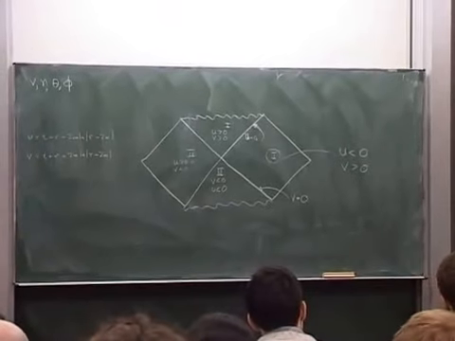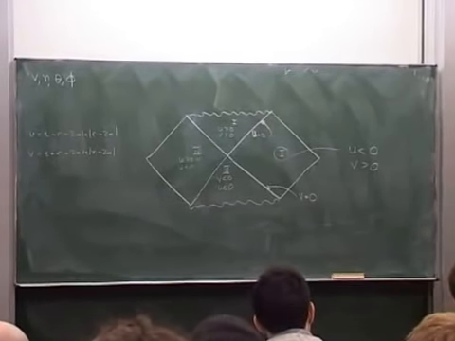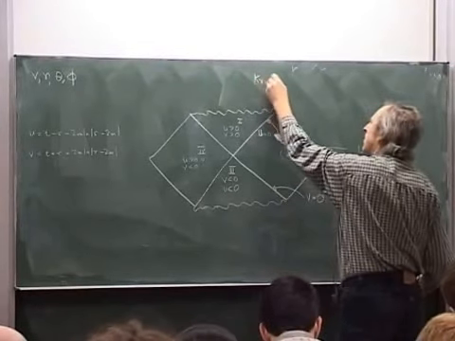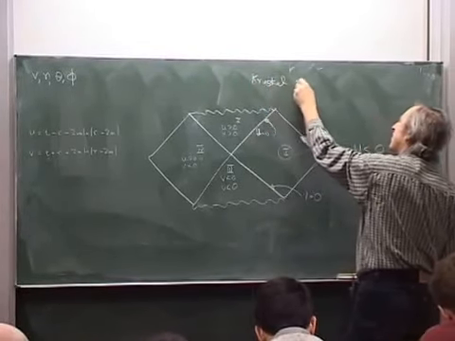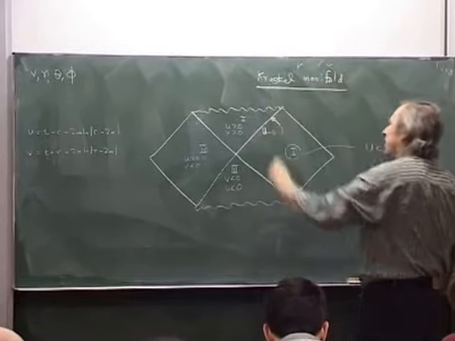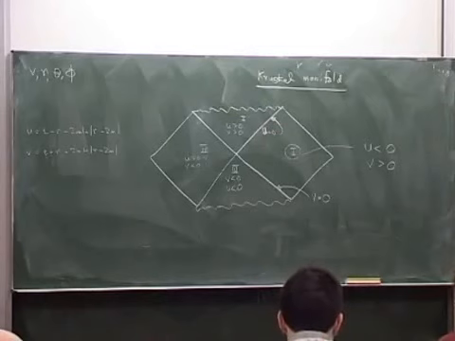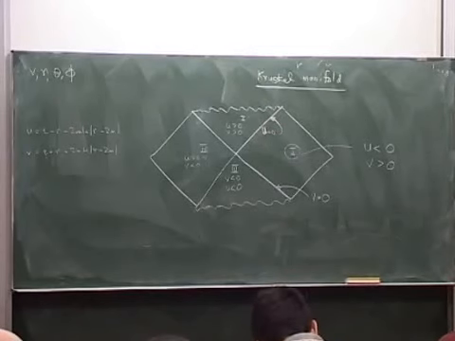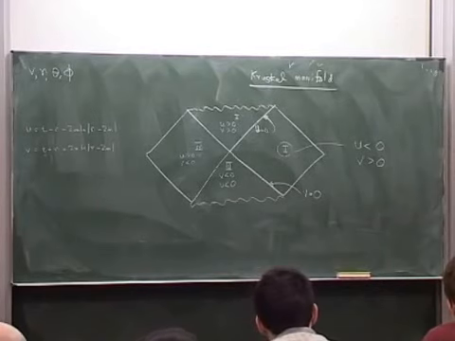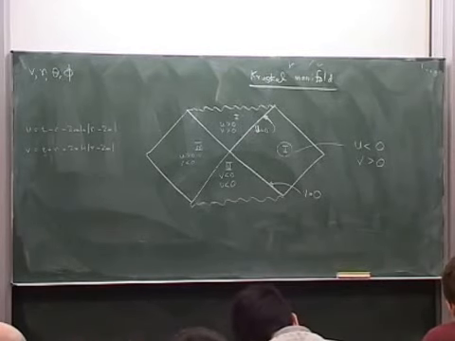This represents all there is to the Schwarzschild metric. It's usually called the Kruskal manifold, and it represents what is usually called the maximal continuation of the Schwarzschild metric. There isn't anything else.